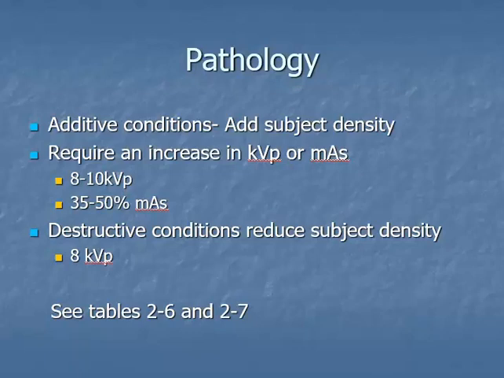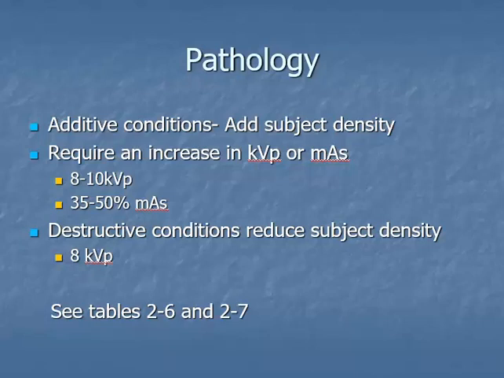Additive conditions add subject density, and typically we're going to change our mAs by 35 to 50%, but there are times that it's appropriate to use an increase in kVp by 8 to 10 kVp. The times that we would use kVp is if the condition truly added such an increase in effective atomic number that it would be difficult to otherwise penetrate.